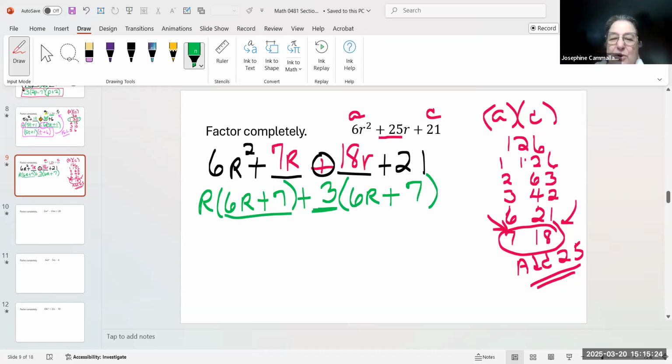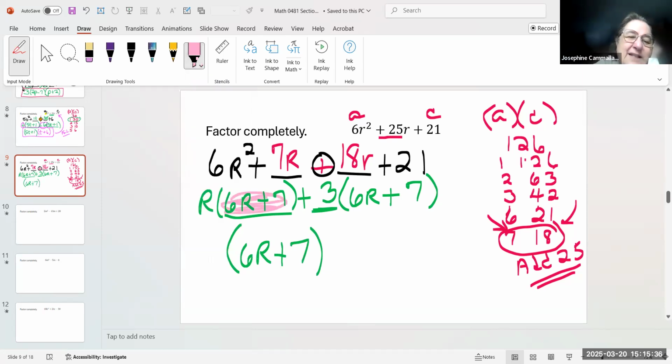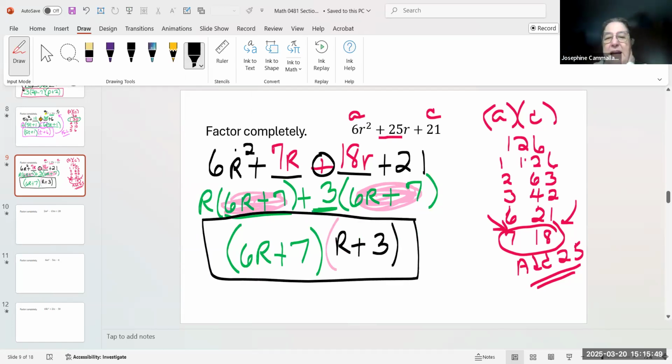Use what I have here to help me because I have to get the same thing in this parentheses and in this parentheses, which means I have R plus 3 here. This is my answer.